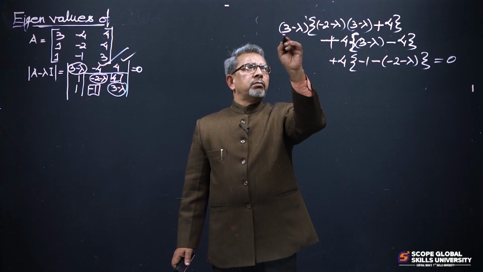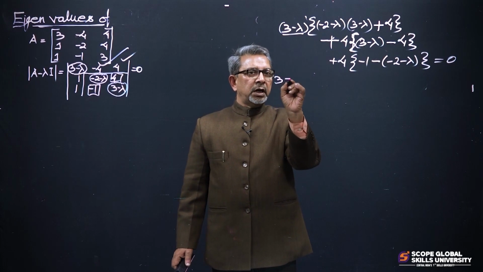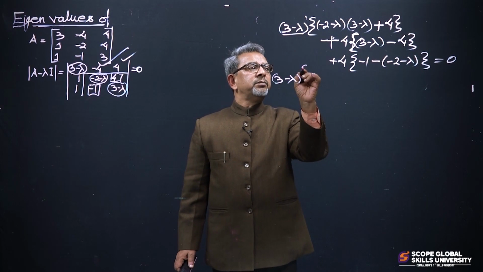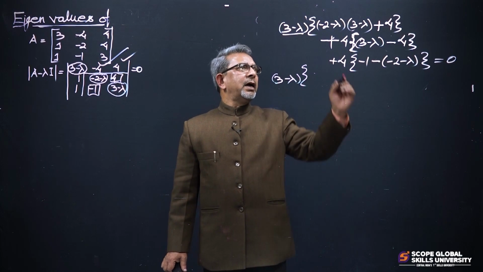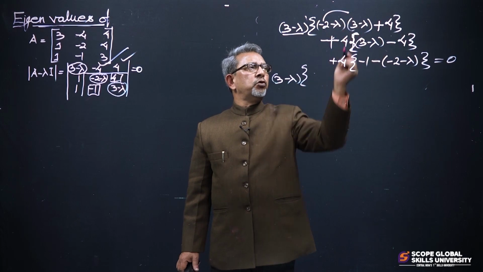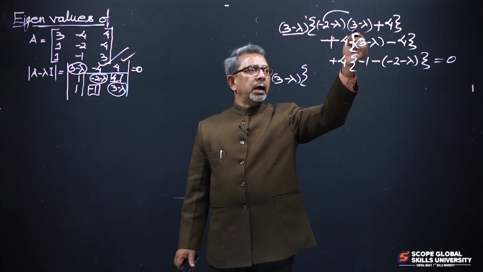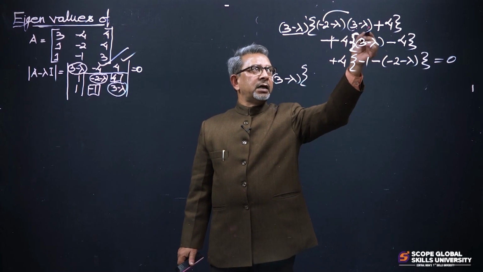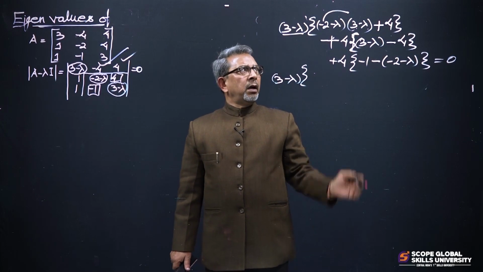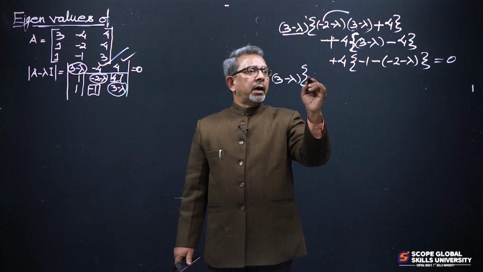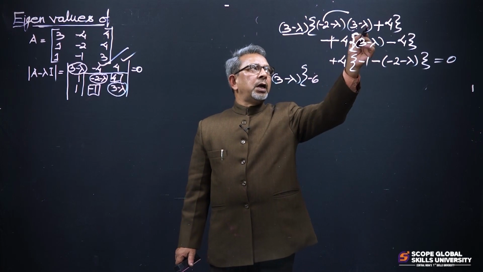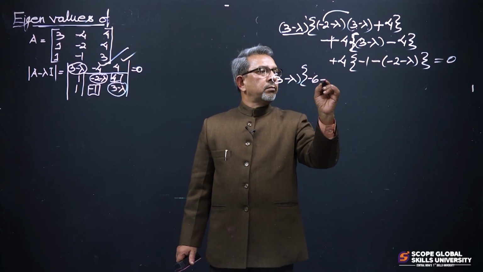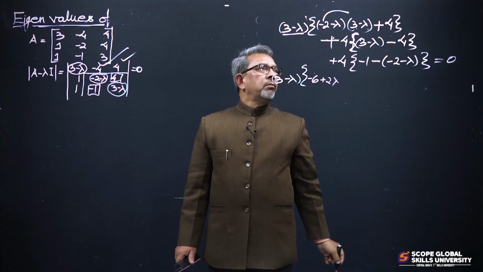Now, this 3 minus lambda as it is. After opening the brackets, minus 2 multiplied by every element of this bracket, that means 3 minus lambda, minus 2 multiplied by 3 minus 6, minus 2 multiplied by minus lambda plus 2 lambda.